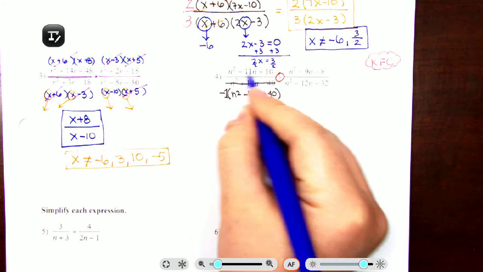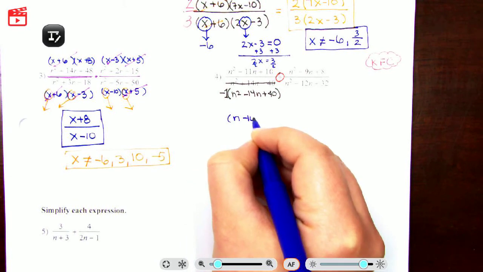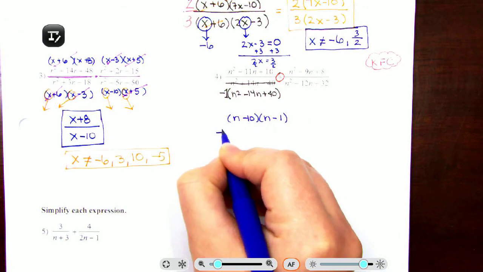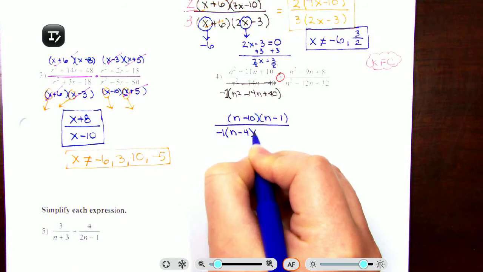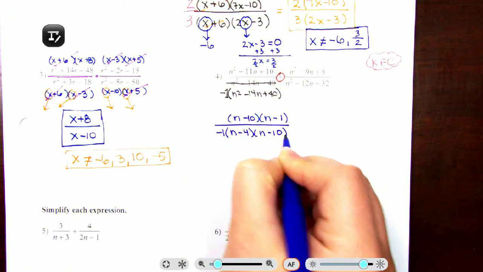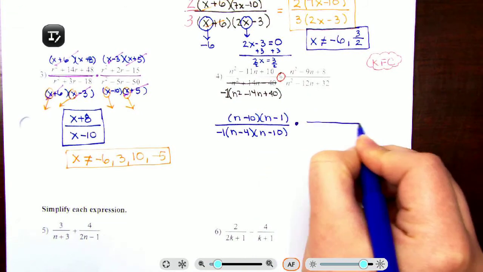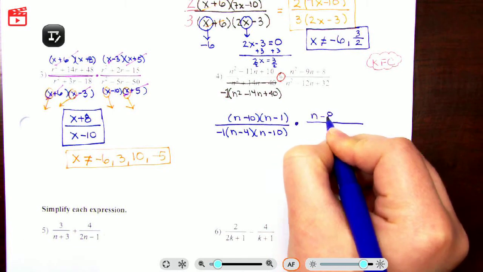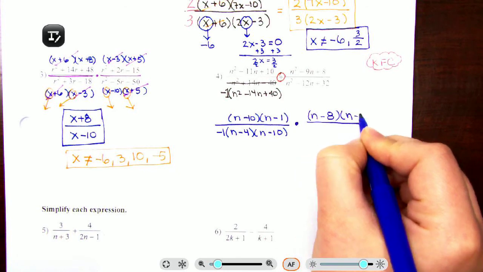So I'm going to keep this on the top, and this factors out to n minus 10, n minus 1. I'm going to factor out, divided by, this is n minus 4, n minus 10. So we're flipping and I'm changing the sign. So this is n minus 8 and n minus 4.